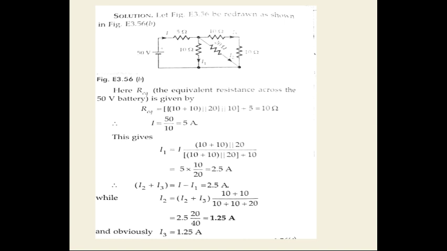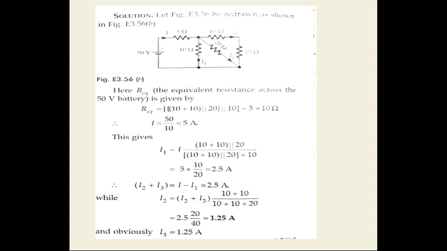First we find the current delivered by the source. RTH across the source terminal: there are 3 branches in parallel, of 10 ohm, 10 ohm and 20 ohm. So the parallel of 3 branches plus 5 ohm gives R equivalent equal to 10 ohm.